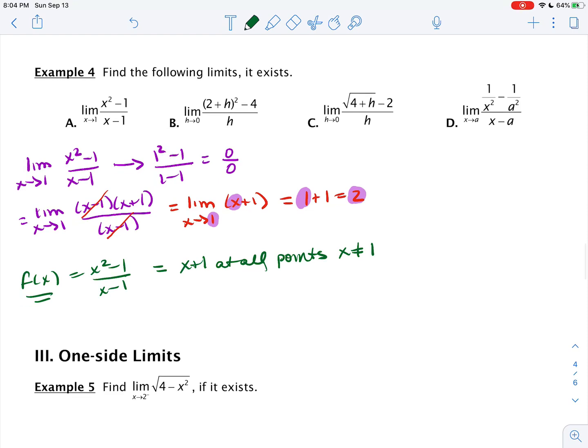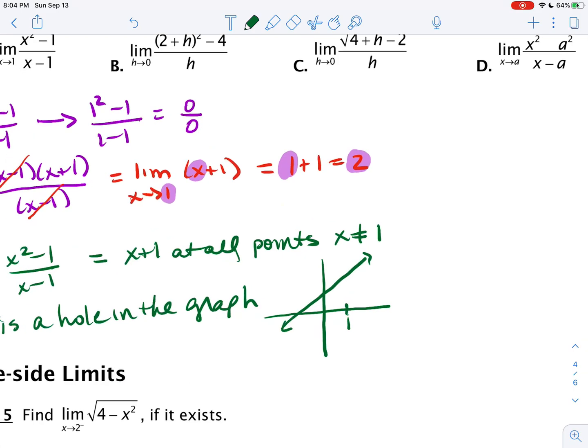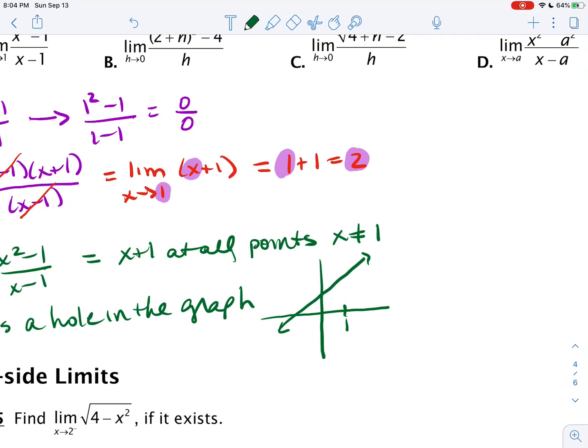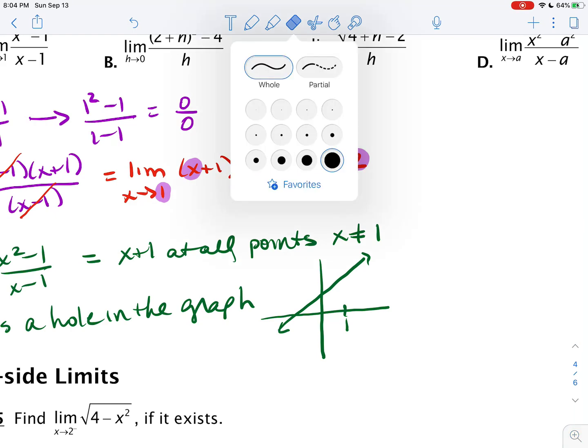And in this case, because we were able to remove it, x equal to 1 is a hole in the graph. So your f of x would look like x plus 1, except at 1 we would make a hole.